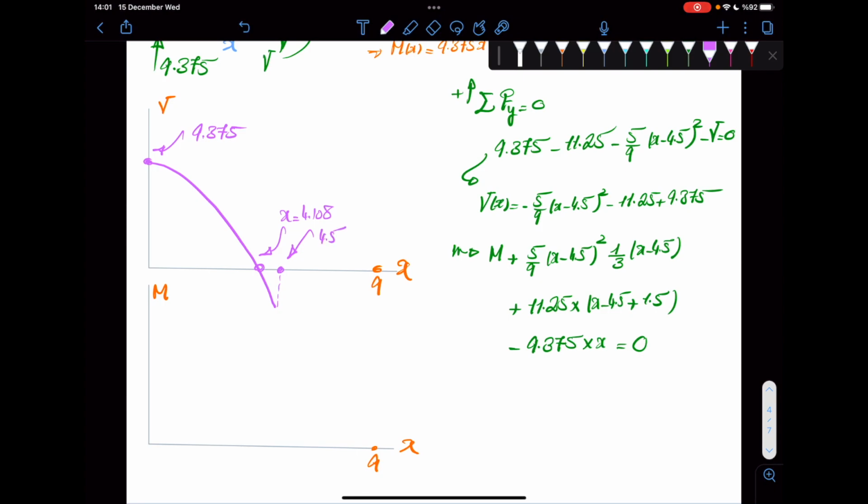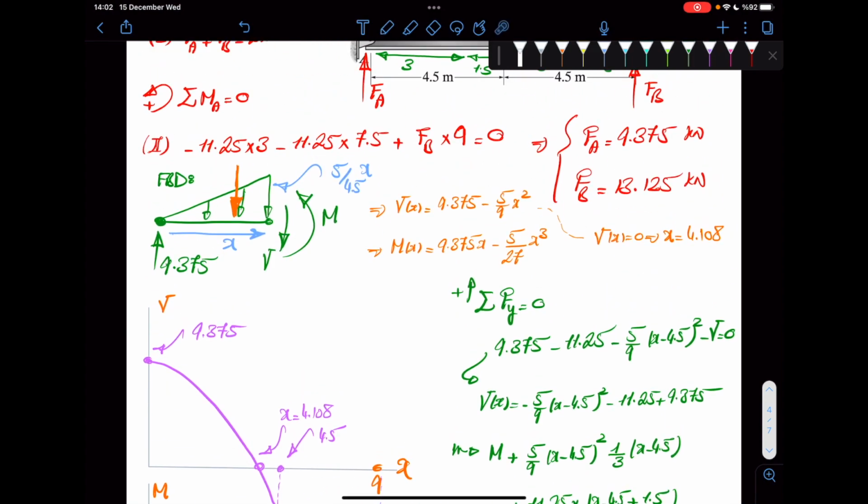Okay? And after that, basically the same thing repeats because you have a very similar quadratic function. So you would have something like this. Okay, this is not up to scale, but you get the idea. And also, at the end of this, you expect to end at, let's say, minus 13.125, because that was the reaction of your right support.